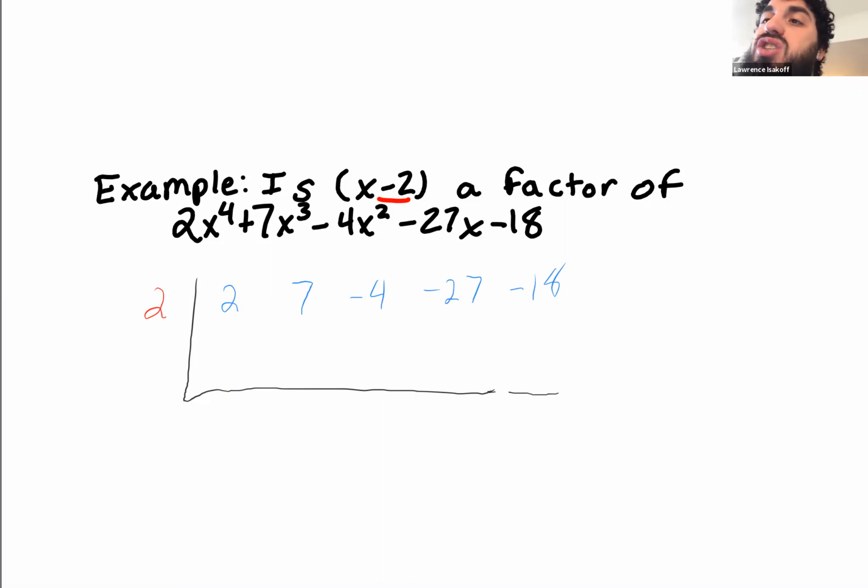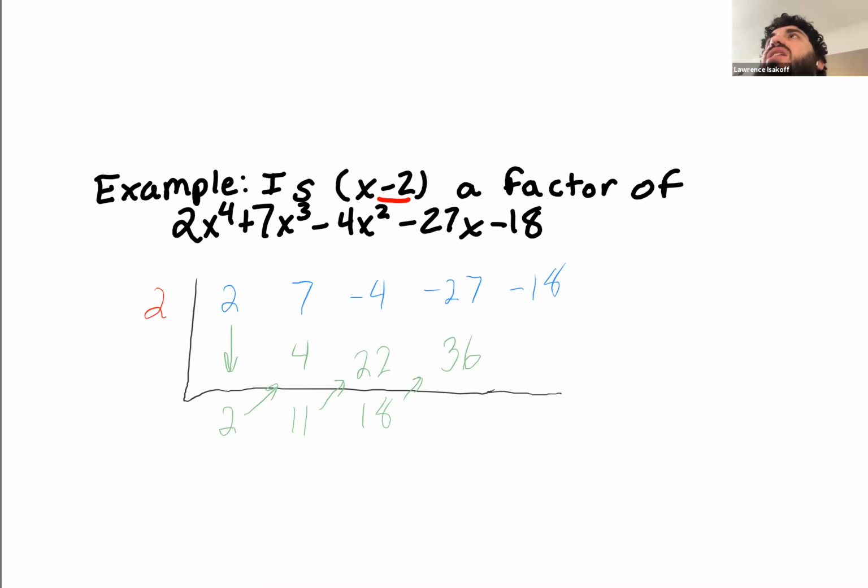So hopefully I get this as 0 at the end. If it is, I say it is a factor. If I get something other than 0, it is not a factor. So bring down the 2. 2 times 2 is 4. 7 plus 4 is 11. 2 times 11, 22. Negative 4 plus 22 is 18. 2 times 18 is 36.